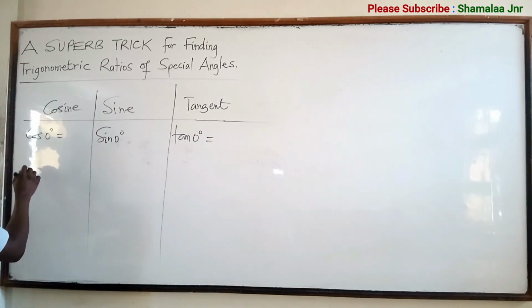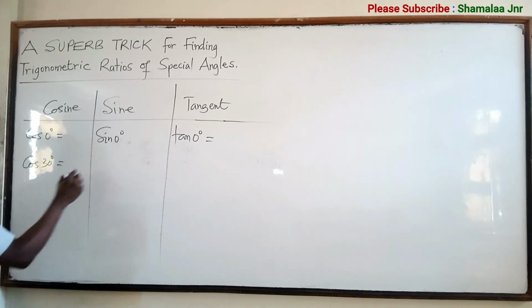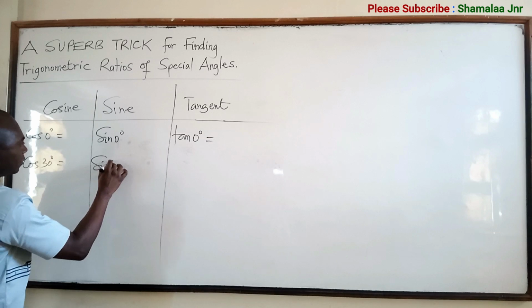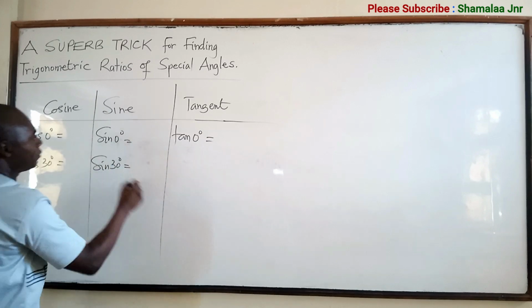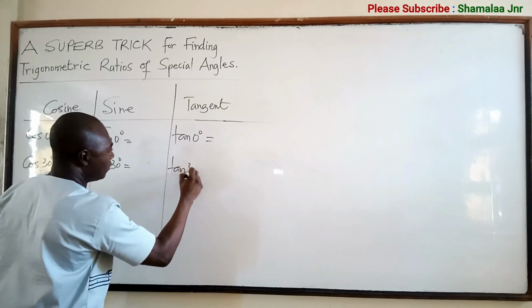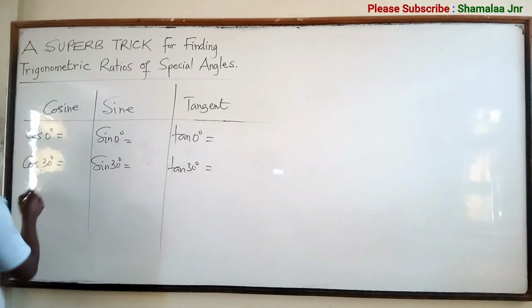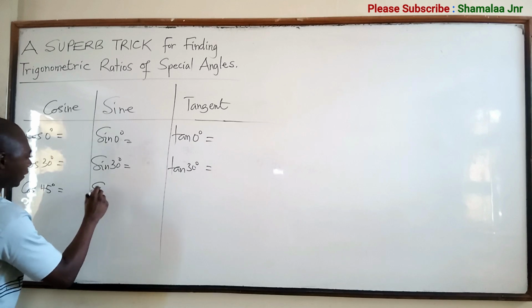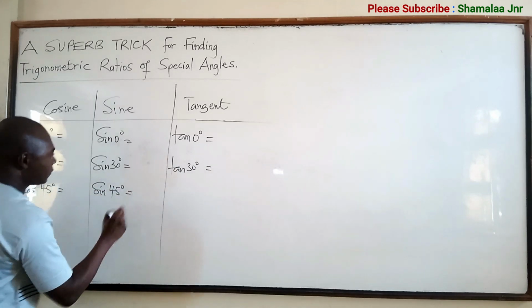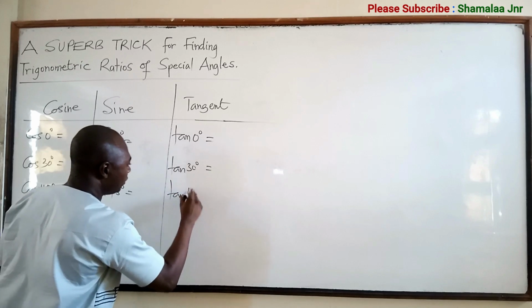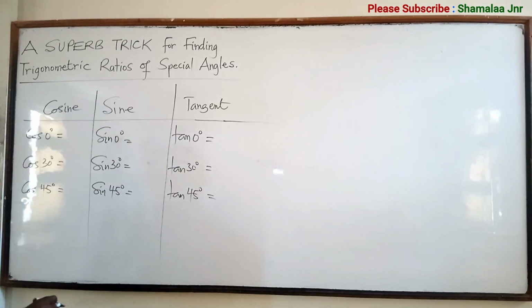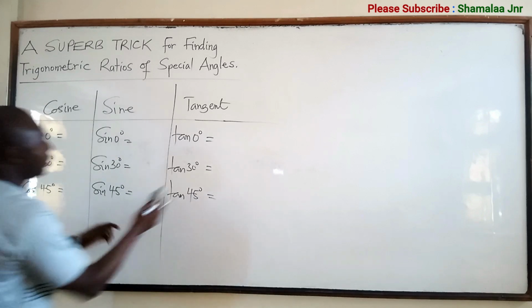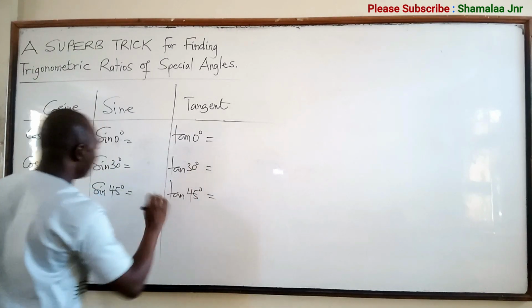You also find the value of cos 30 degrees, sine 30 degrees, tan 30 degrees. The next one is cos 45 degrees, sine 45 degrees, and then tan 45 degrees. Yes, we're going to write the values of all these with ease.